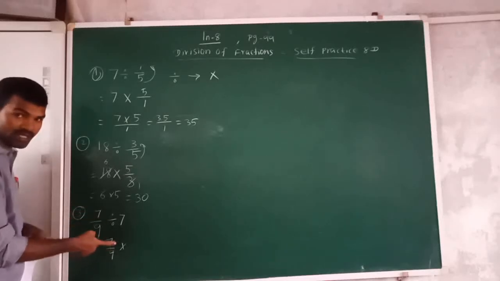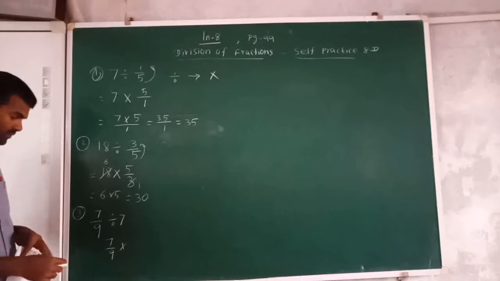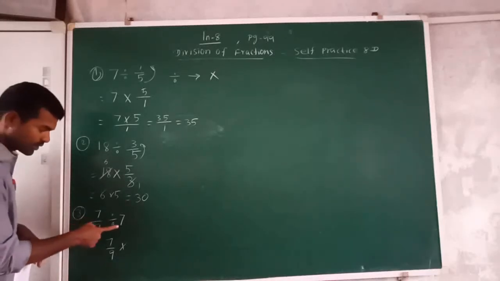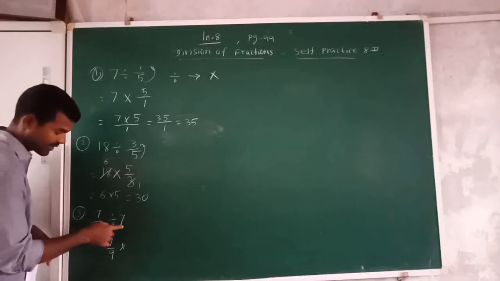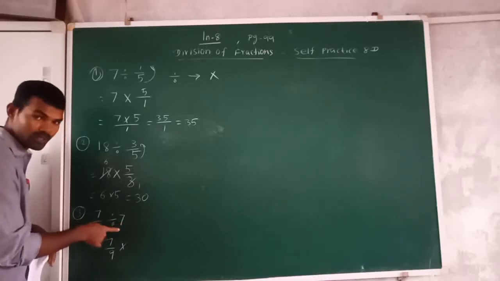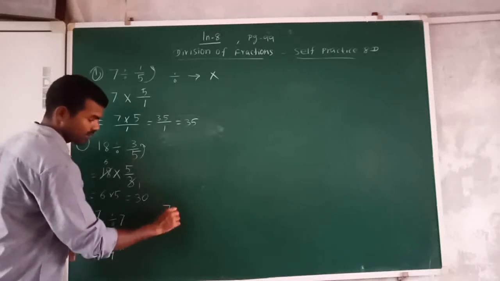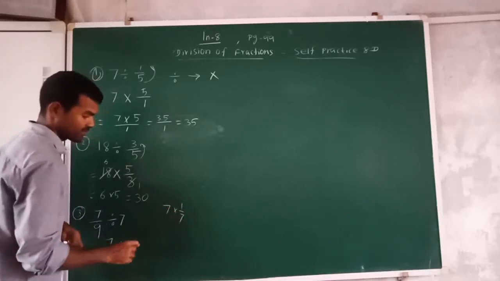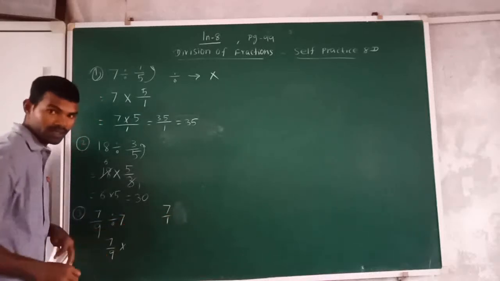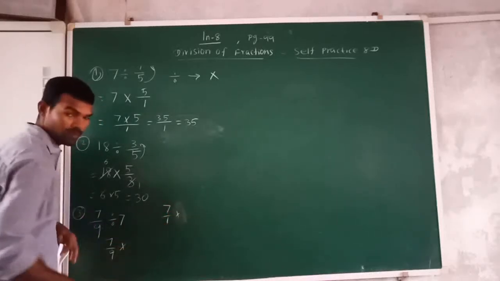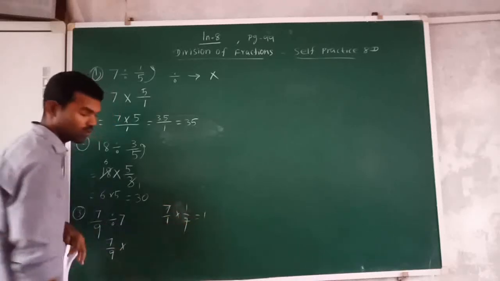Just the symbol we are changing to multiplication. This number is 7, and the reciprocal of this is 1 by 7. You can tell 7 as 7 by 1, so the reciprocal is 1 by 7. If you multiply, the answer is 1 only.